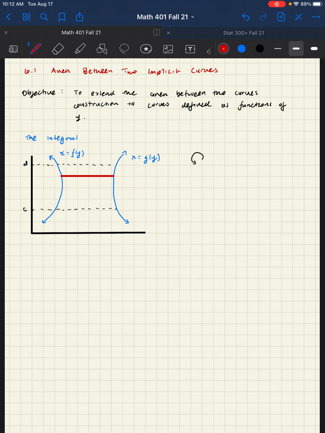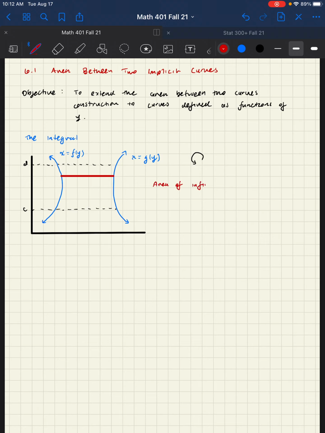And so to see what we're talking about here, let's think about what we're doing. What is the sum? We're adding up things that look like the areas of these infinitesimally thin rectangles.